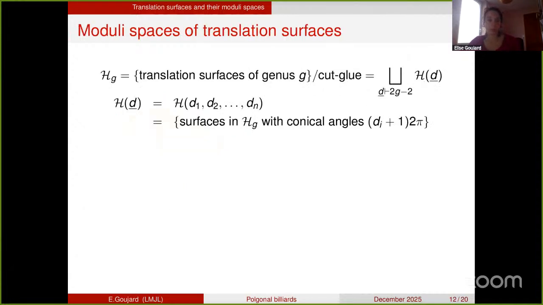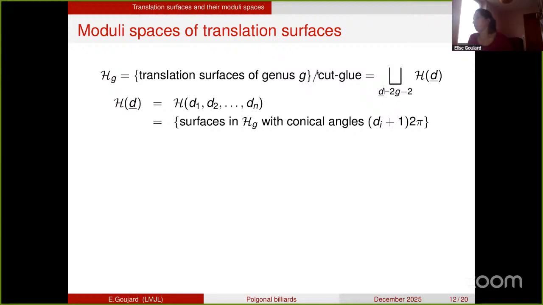And to get some properties on this object, it's fruitful to study their moduli space. So the family of all surfaces sharing the same combinatorics, meaning the same orders of conical singularities. Sorry, so you consider, for instance, the family of translation surfaces of genus g.